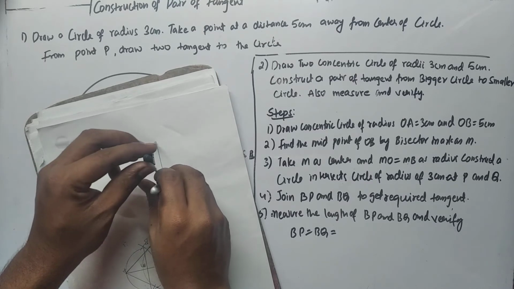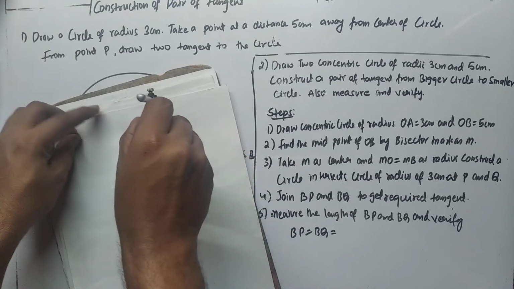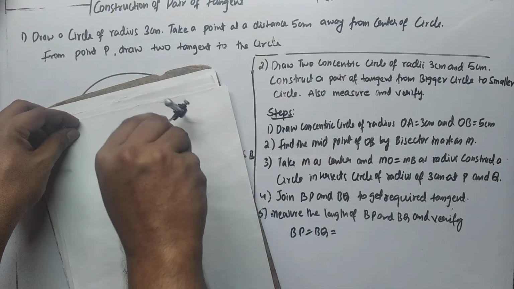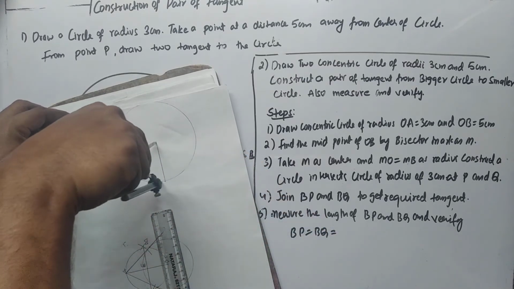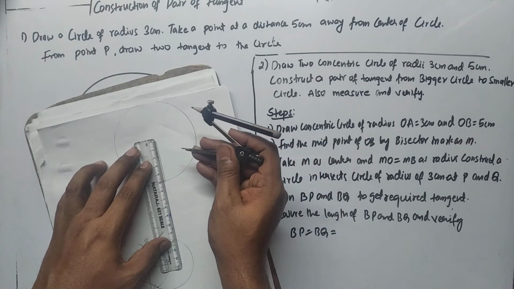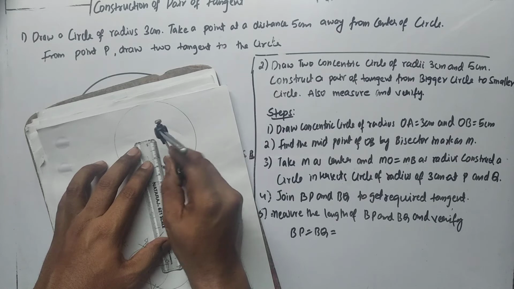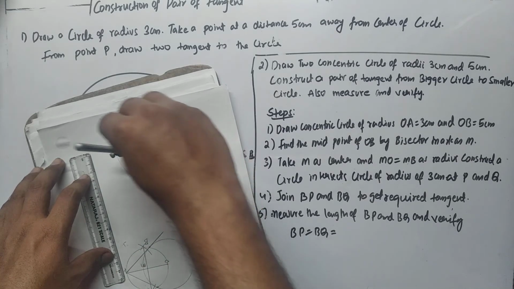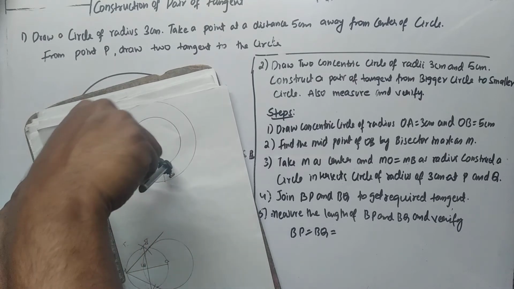So first I am drawing a circle of 5 centimeter. Next I will be drawing a circle of 3 centimeter.